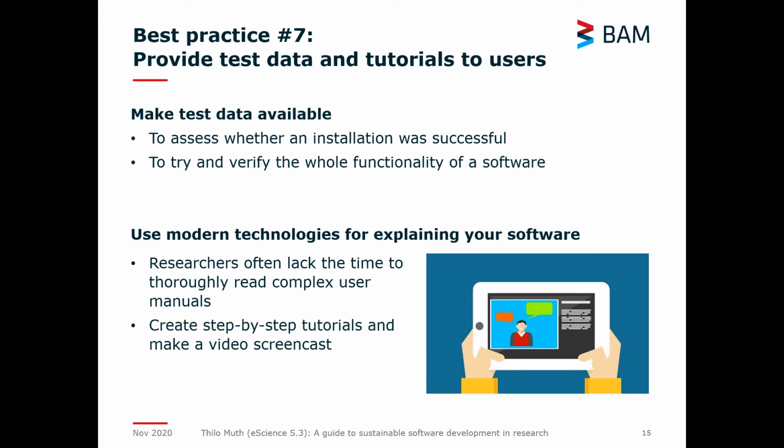And this is useful because you can assess whether an installation was successful. You can try and verify the whole functionality of a software. Other researchers really benefit when you give them test data. Assign them to the code base. Make them publicly available in the Git repository.